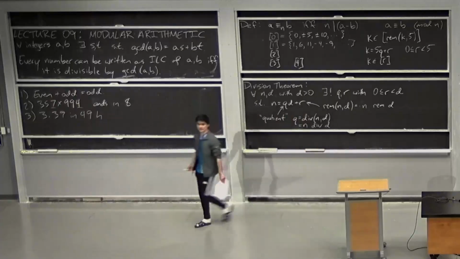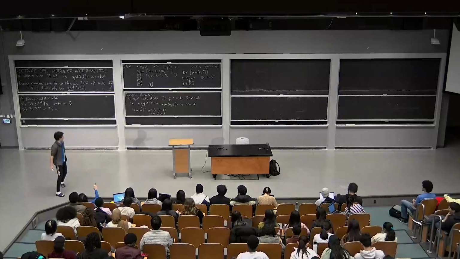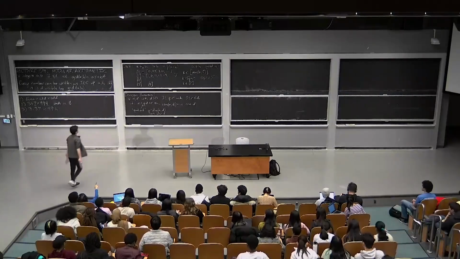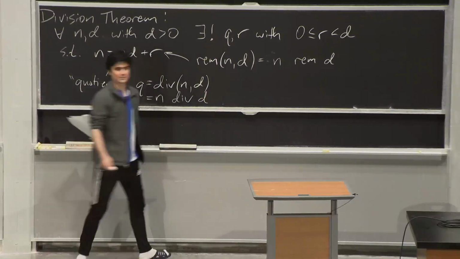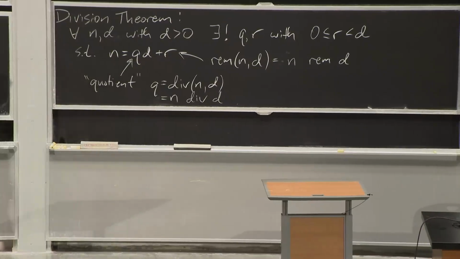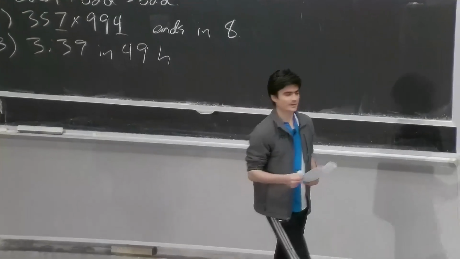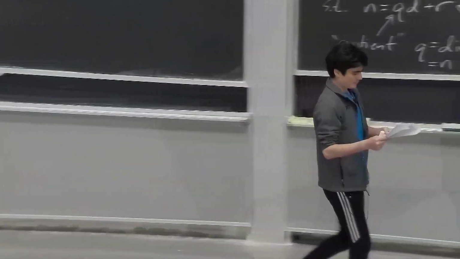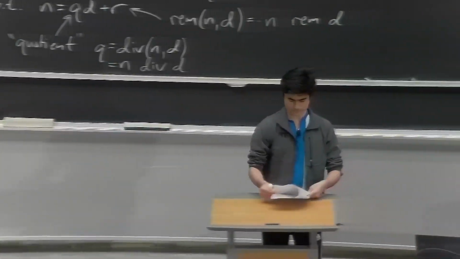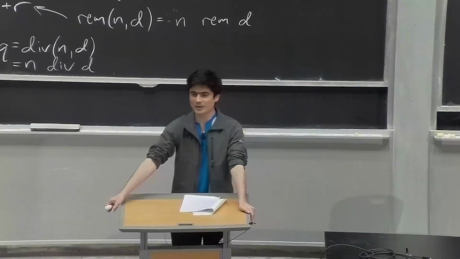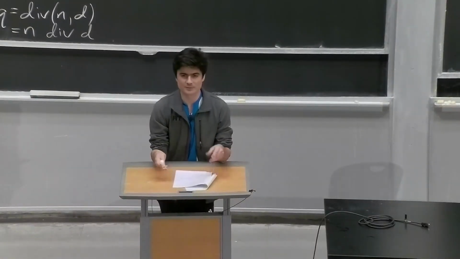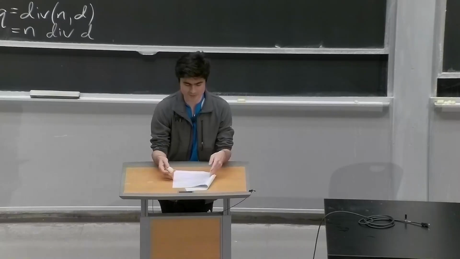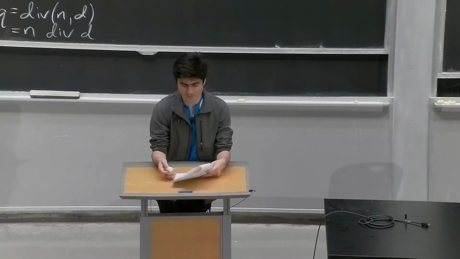Okay? Yeah? Sorry? Oh, the exclamation after the exists. This means there exists a unique pair. So not only does there exist some pair, but there's only one of them. Okay? So when working modulo n, a number is always going to be equivalent to its remainder. Sometimes we'll also call this its residue. Okay?